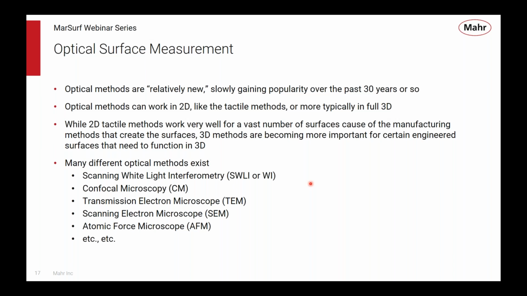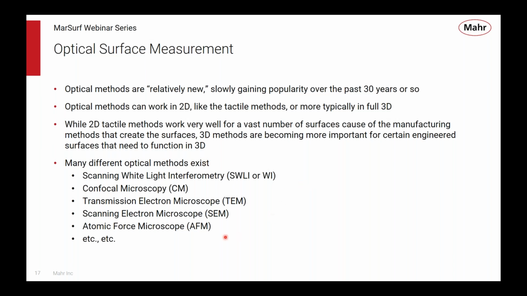They're probably supposed to have certain three-dimensional characteristics to help them do what they're supposed to do. And if the surface has a three-dimensional characteristic that is important to its function, you probably need to be able to measure it three-dimensionally in order to assess whether it is going to perform as you want it to. So the optical methods are ideal for that.